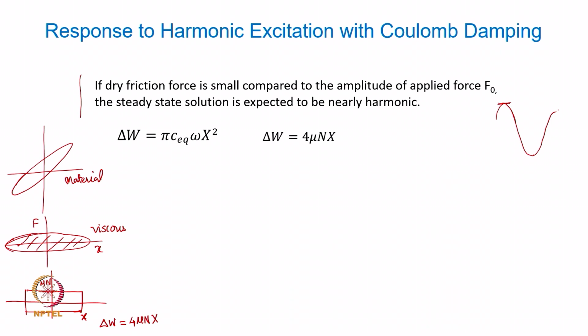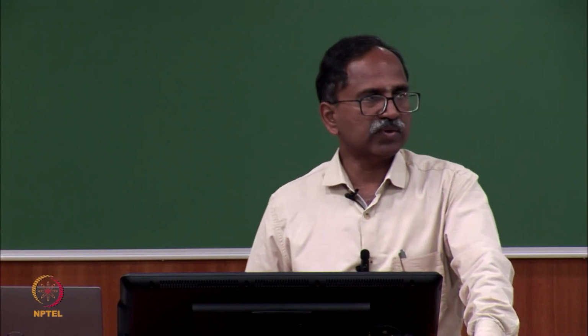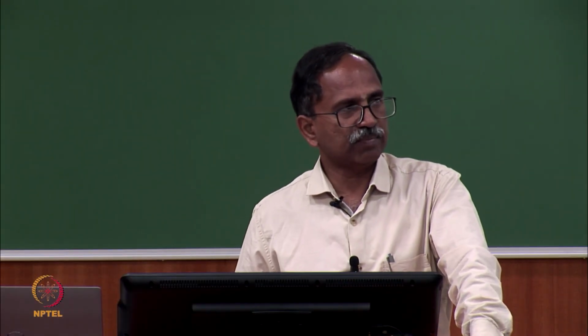So, when we want to now somehow equate this area under the curve for one cycle, and if you want to make use of the same equations that we have derived, now we have derived so many response equations assuming a viscous damping case.